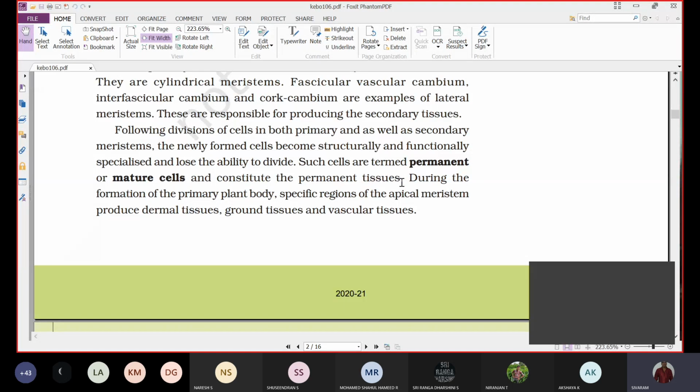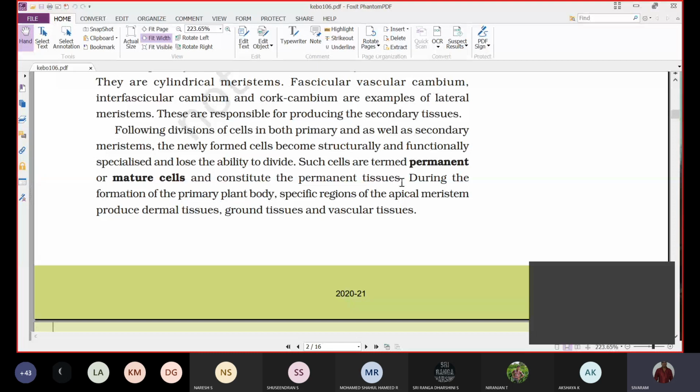From the time the plant undergoes germination till it undergoes death, there is no change in the number of meristematic cells in the meristem, either in the shoot apical meristem or root apical meristem. But we are saying that the cells are in continuous cell division.